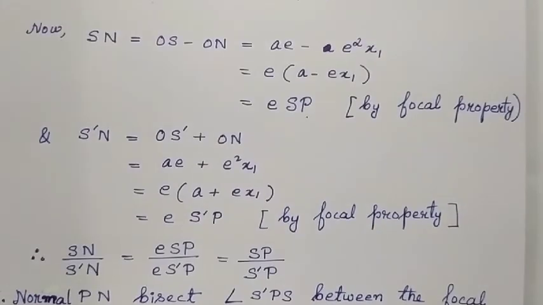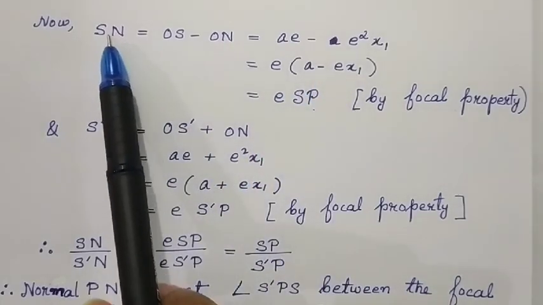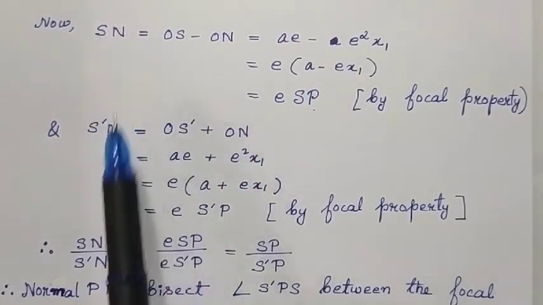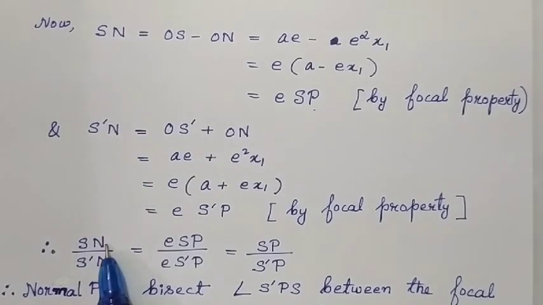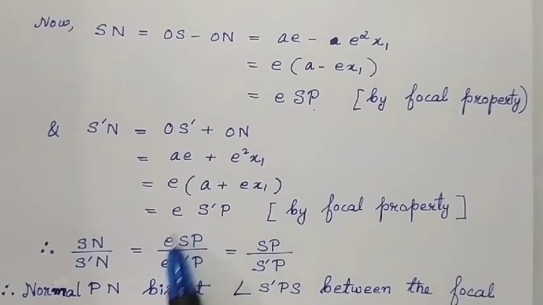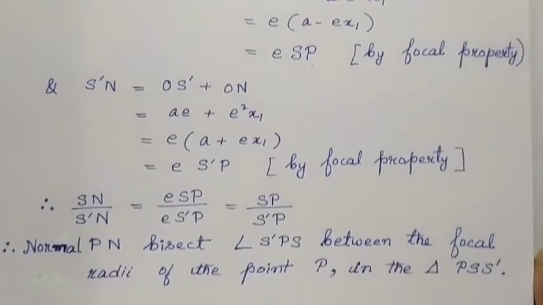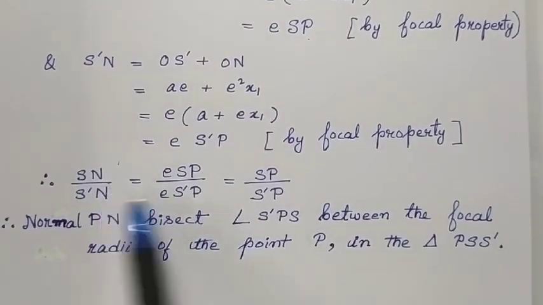Therefore, from these two equations, what will we get? If you do SN divided by S dash N, the right side will be e SP divided by e S dash P. The e will get cancelled, so we will get SP by S dash P. So from here, what can we say?